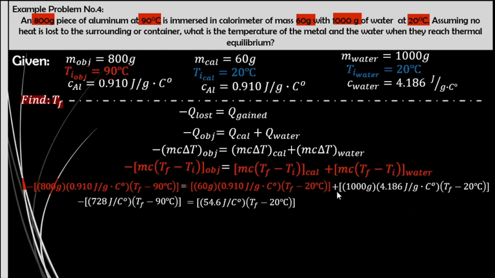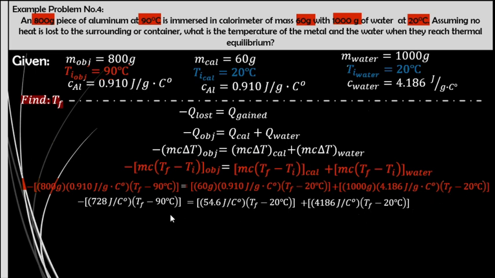And the last set of our solution, that is 1000 grams times 4.186 joule per gram times Celsius degree, it will become 4,186 joule per Celsius degree times T sub F minus 20 degrees Celsius.